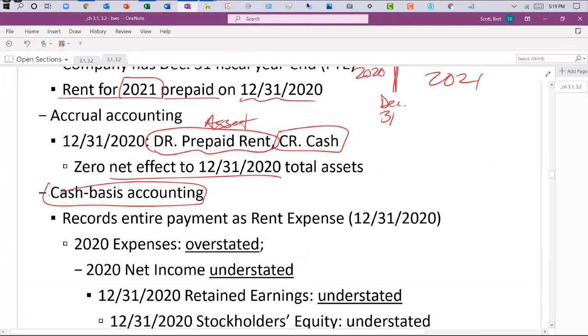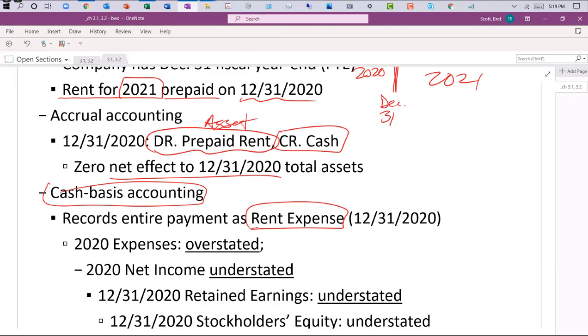If we're cash basis, because we paid the cash on December 31st, 2020, a cash basis accountant would go ahead and record the full amount of expense in 2020. That's wrong because no expense has been incurred yet. That expense is going to be incurred in 2021.